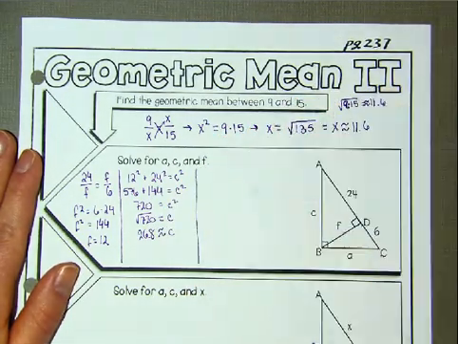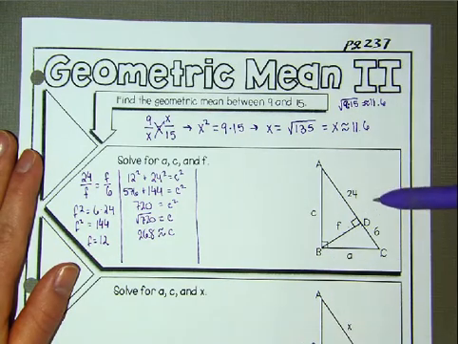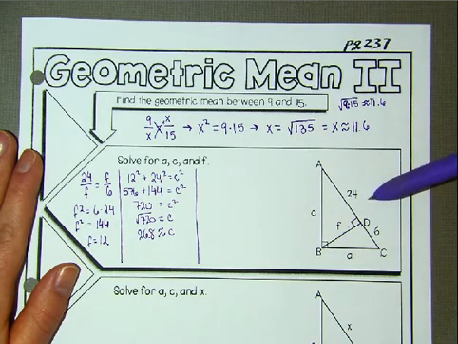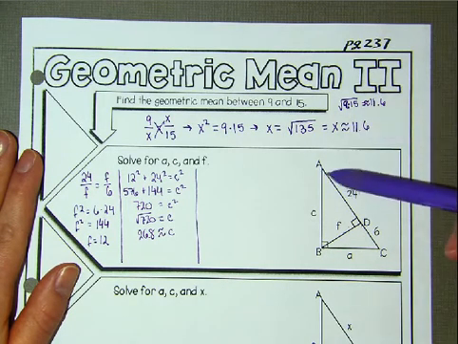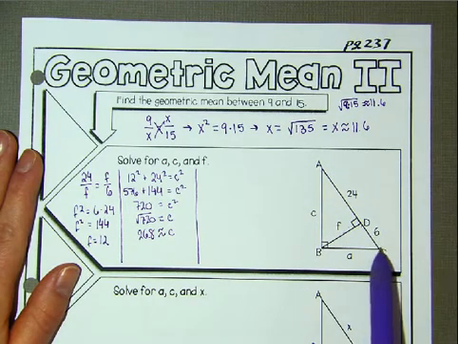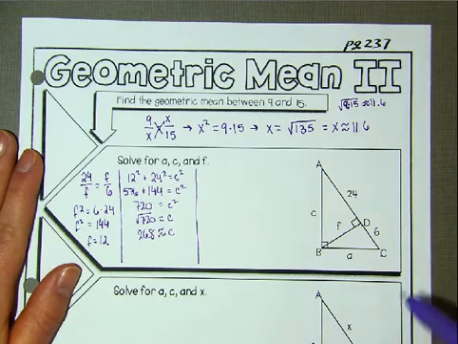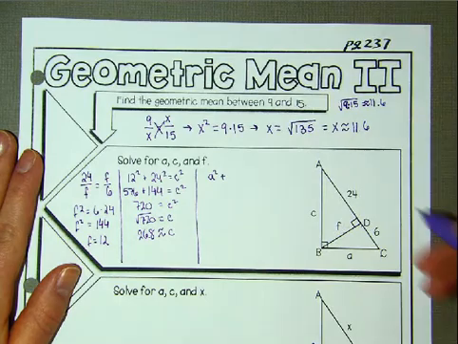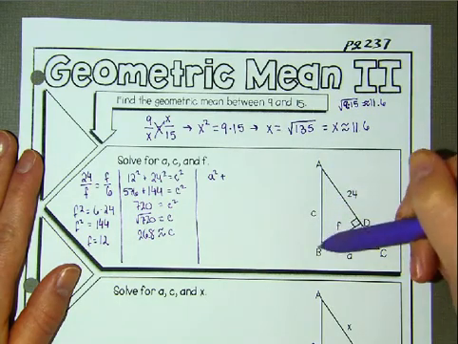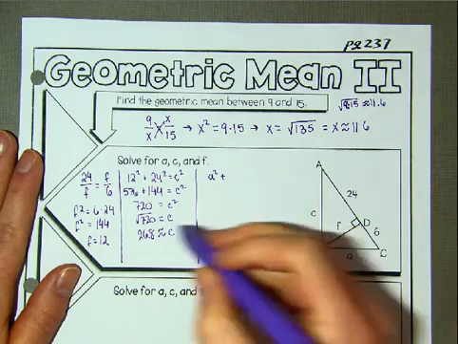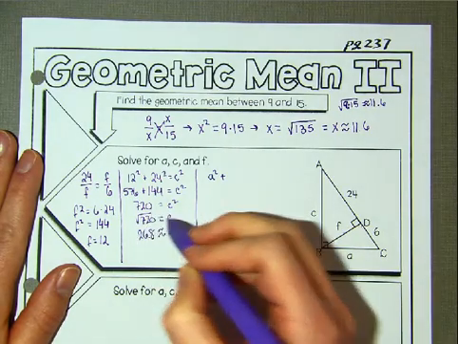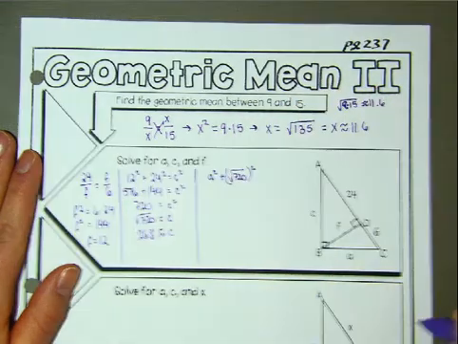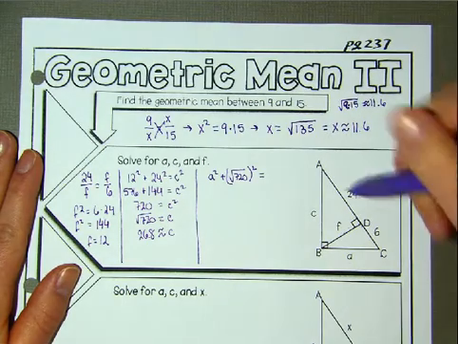So now finally, let's solve for A. So now we know, if we look at the big triangle ABC, we have the length of our hypotenuse and the length of side C, and we're trying to find the length of this side A. So plugging this into the Pythagorean theorem, we have a squared, what we're trying to solve, plus b squared, which in this case is c, and c is, if we're going to be precise, just the square root of 720, and that's squared, equals our hypotenuse.